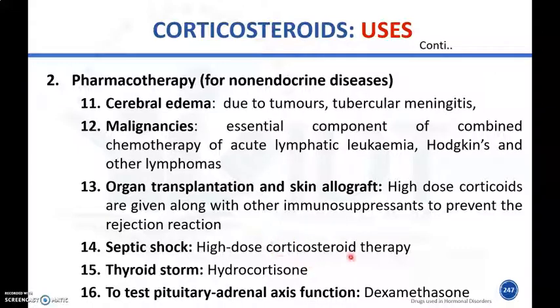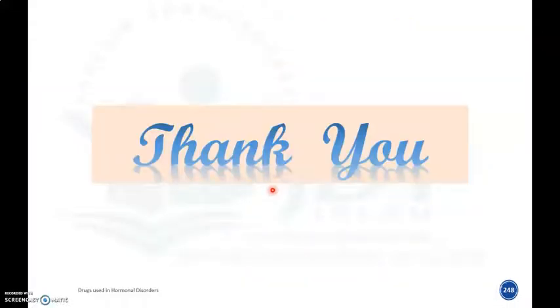So high dose corticosteroid therapy can be used for septic shock. Then thyroid storm, hydrocortisone is used for thyroid storm, and also to test the pituitary adrenal axis function, dexamethasone can be used. So these are the uses of corticosteroids.